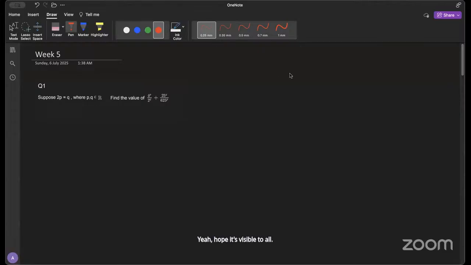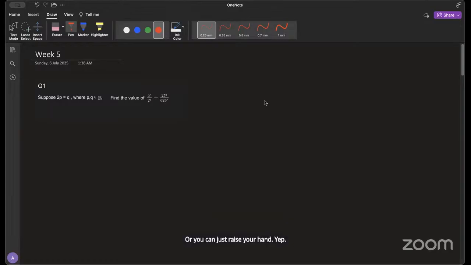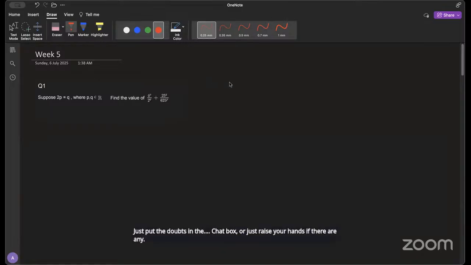If there are any doubts while we're discussing the questions or after, you can put them in the chat box or raise your hand, so that it doesn't interrupt the flow of the session. Could you increase the font size? Sure, I'll increase the font size.